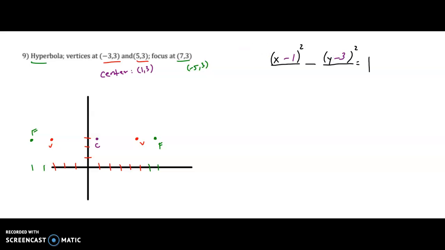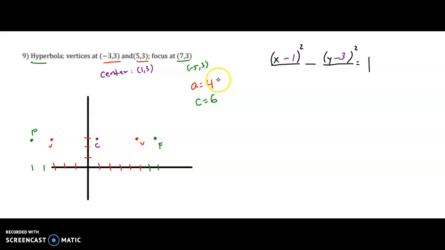Now the a value in this case for a hyperbola is the distance from the center to a vertex, and so in this case, that's going to be 4. And we know the c value is the distance from the center to a focus, and that's going to be 6, I think.